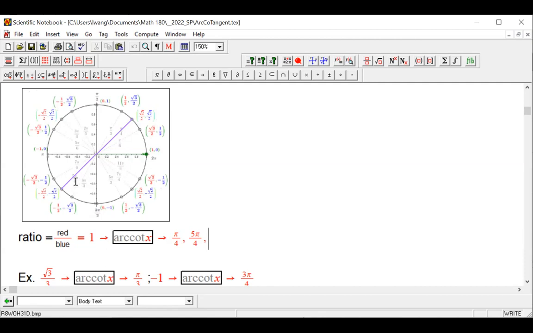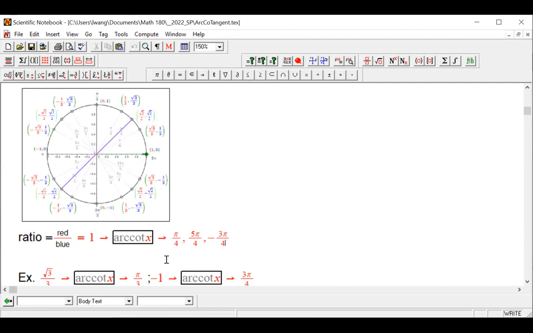I can measure the angle clockwise. So for that reason, I can get a negative angle. This angle, if I measure clockwise, I will get a negative 3 pi/4. And I can go around and around.